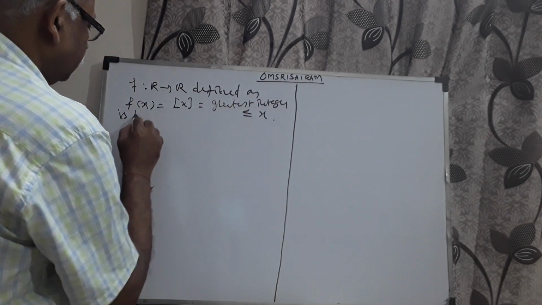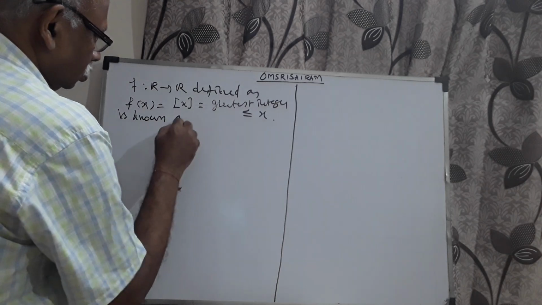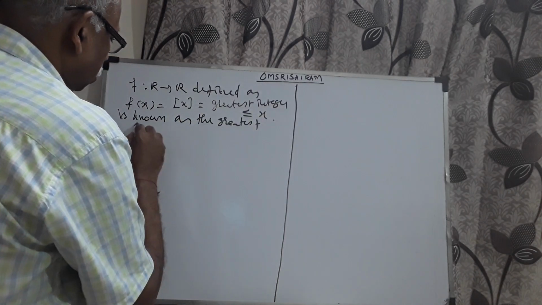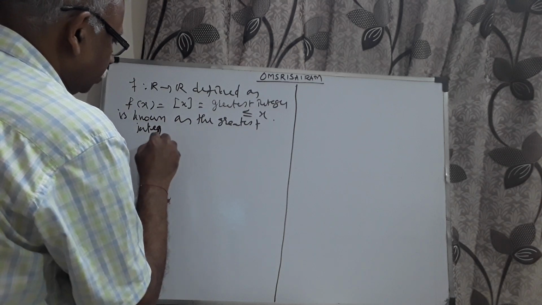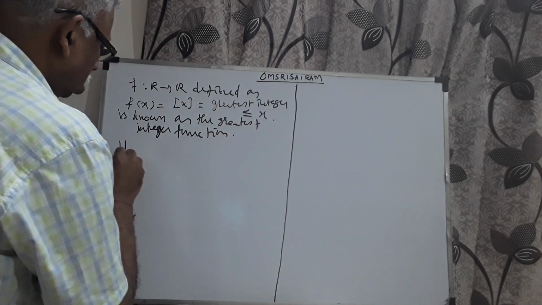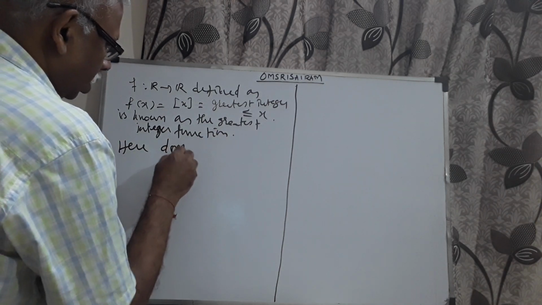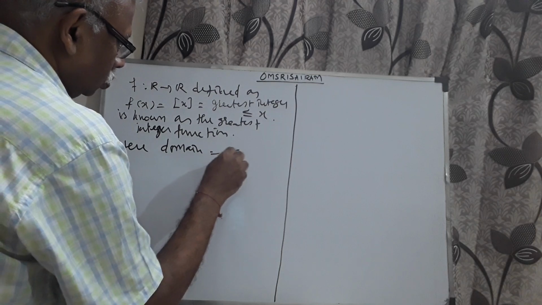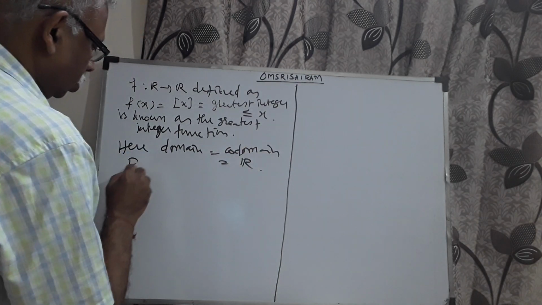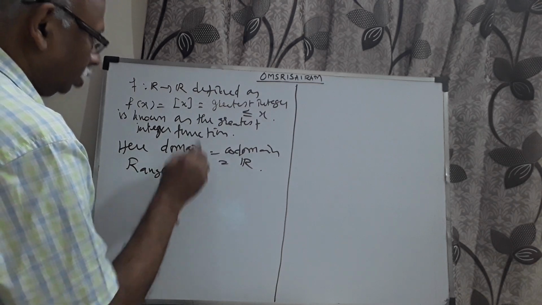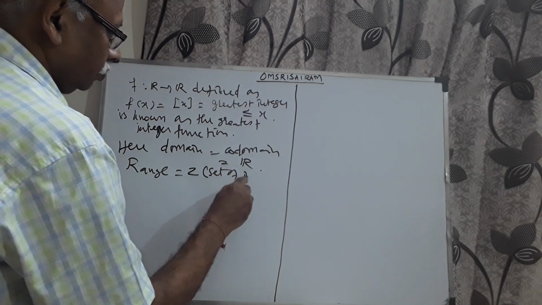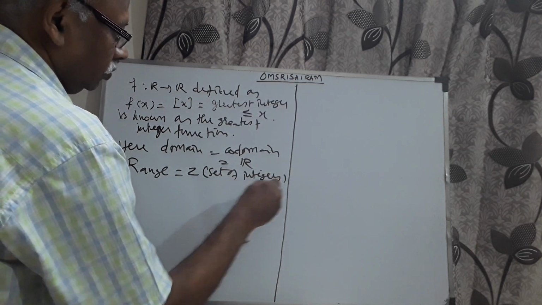It is known as the greatest integer function. Here domain is equal to R, codomain is equal to set of real numbers, but all the values are integers. Therefore range is nothing but Z, set of integers.